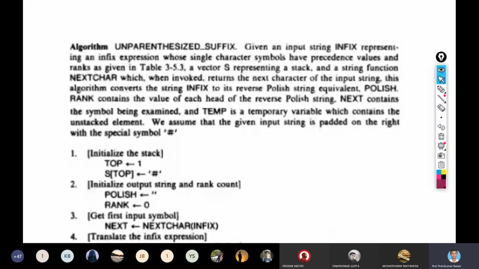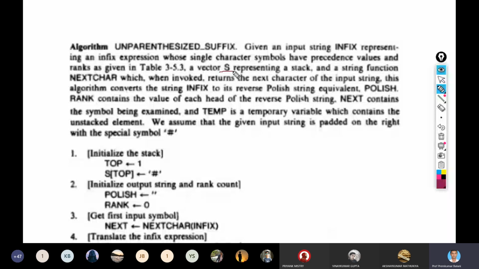There are no parentheses. So given an input string in infix representation, we want to convert it to the postfix, right? And here we use the stack s.